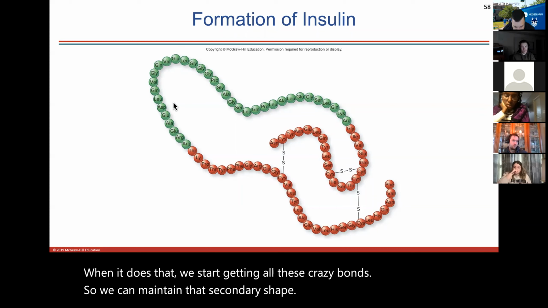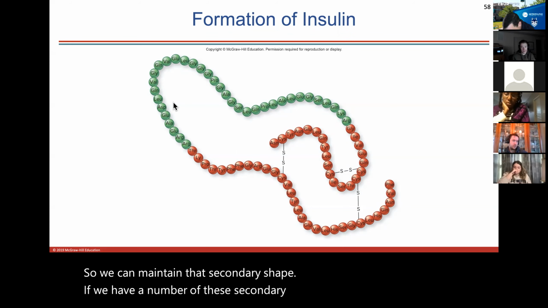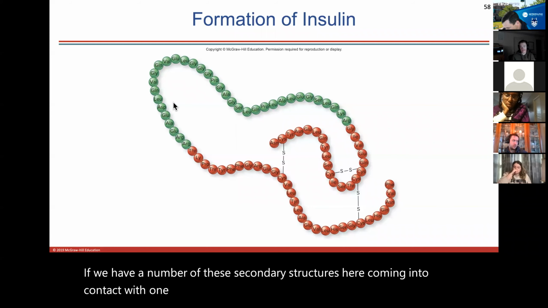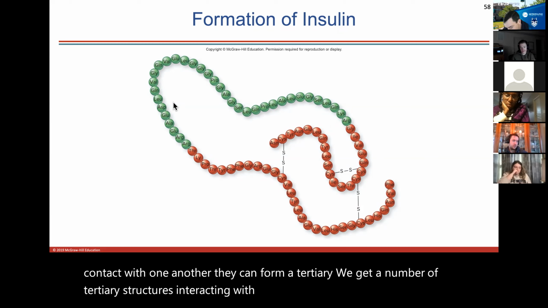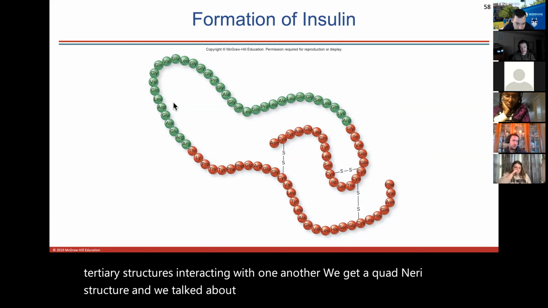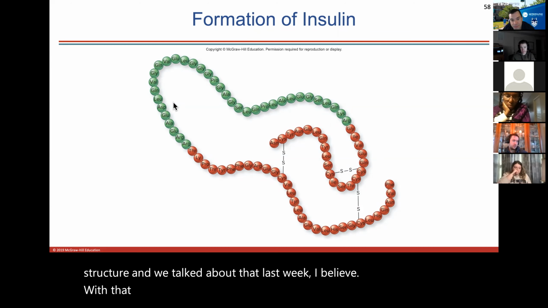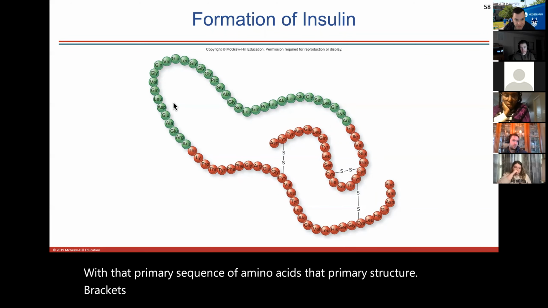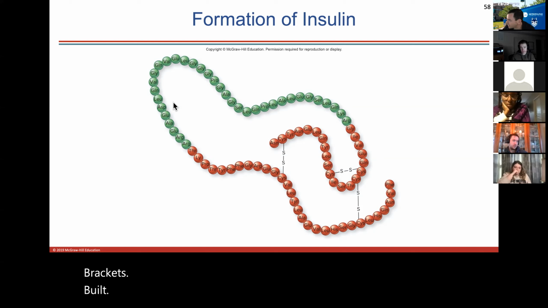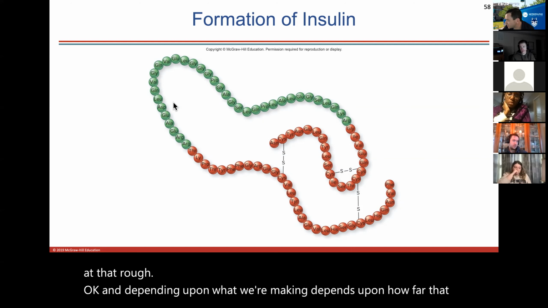If we have a number of these secondary structures coming into contact with one another, they can form a tertiary. We get a number of tertiary structures interacting with one another, we get a quaternary structure. And we talked about that last week, I believe. But that primary structure gets built at that ribosome, at that rough ER. And depending upon what we're making, depends upon how far that goes in its complexity and in its shape.